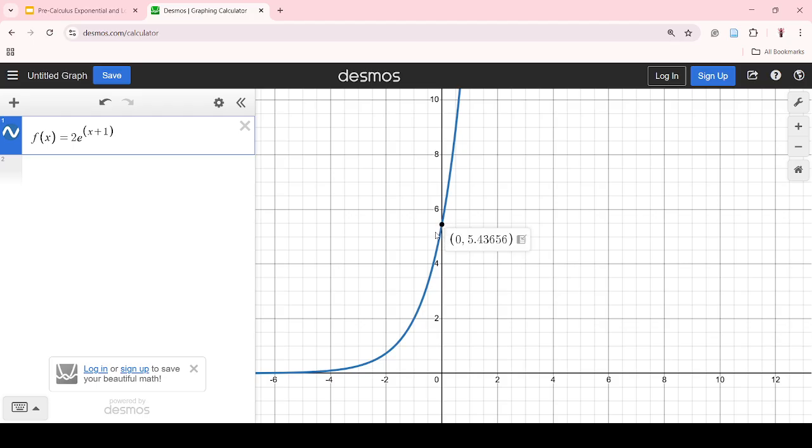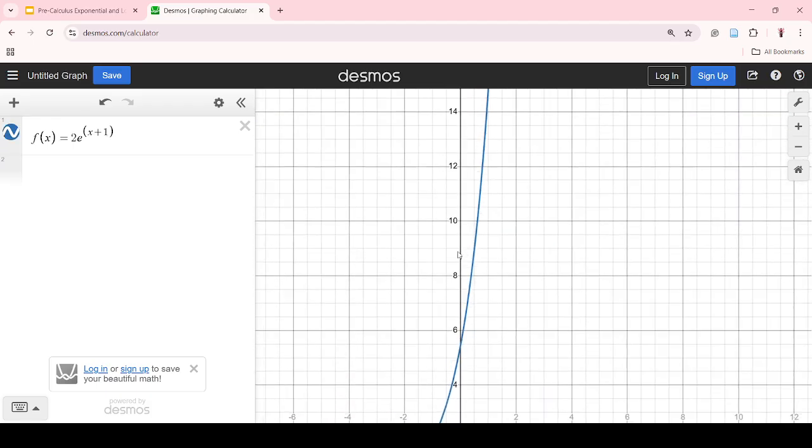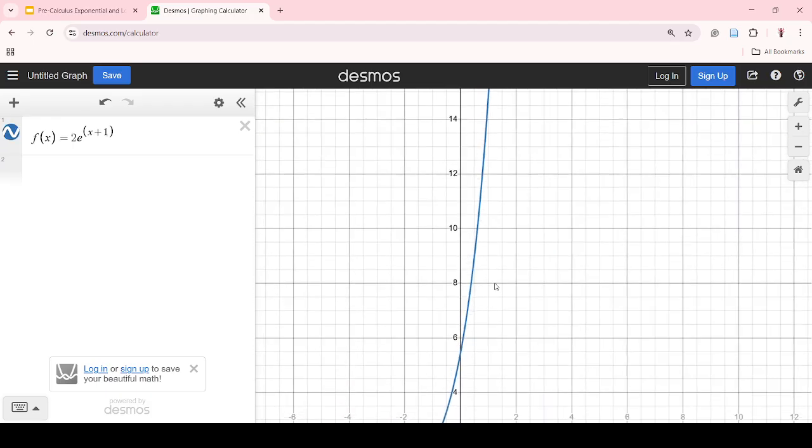Our exact point is at 0 and 5.43656, which of course, as I stated earlier, the coordinate will always be (0, a). Most likely, it will be (0, 1), but it really does not have a certain limit to what it could be. I mean, the point could literally be anything.